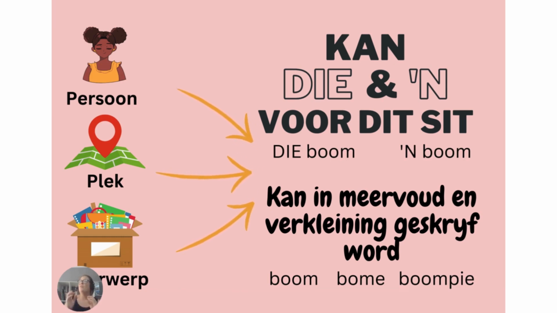And we'll talk about the boompie, die seentjie, die mannetjie. In English we will say the small tree, the small boy. Where in Afrikaans we make it small. So then we'll say boom, bome, boompie. Seun, seuns, seentjie. Okay, so that's always a way to know how you can know it's a selfstandige naamwoord. So how do you identify a noun?